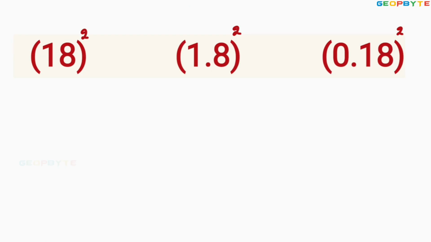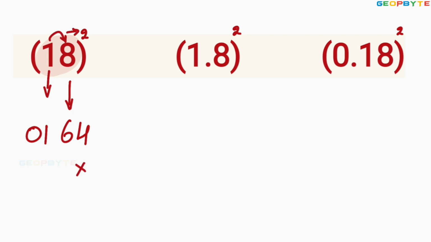Similarly, look at the number 18 square. This 18 square can be done like this. First squaring the 8 equal to 64. Then squaring the 1 equal to 1, but write in terms of 2 digits. Then you multiply 1 and 8 equal to 8, into 2, 16.